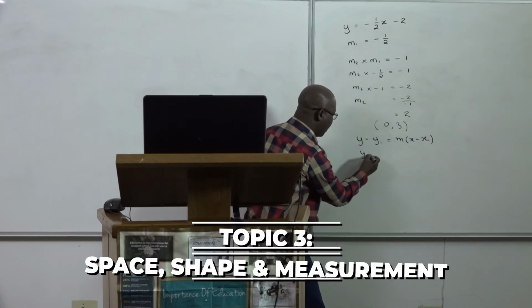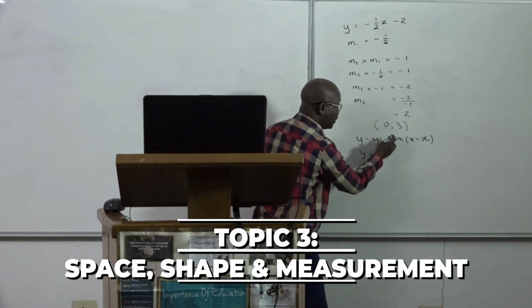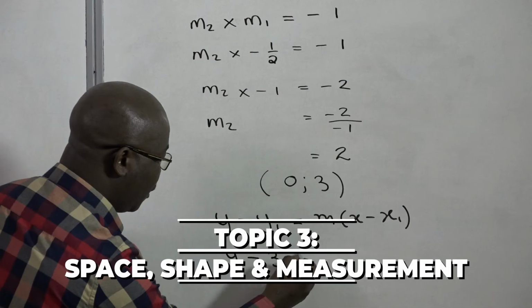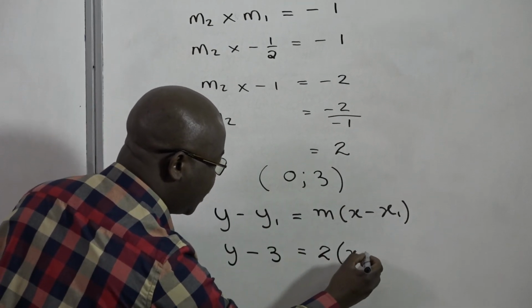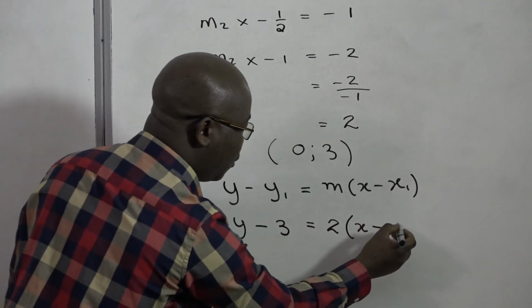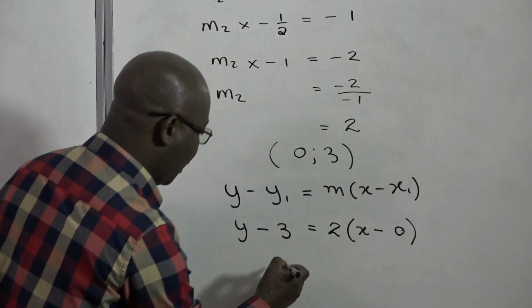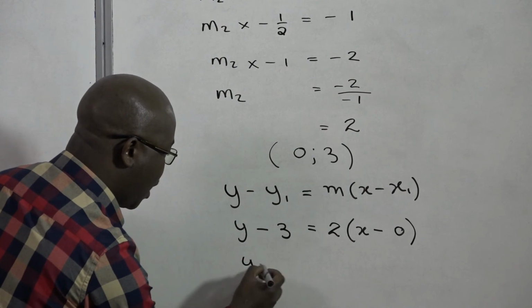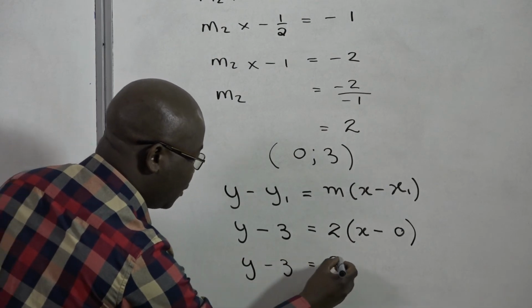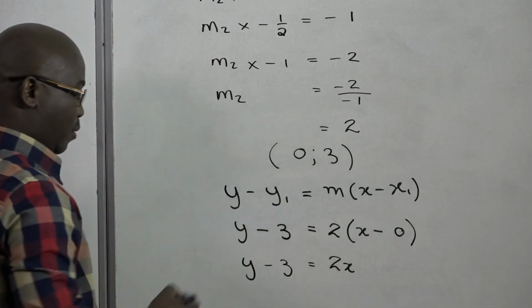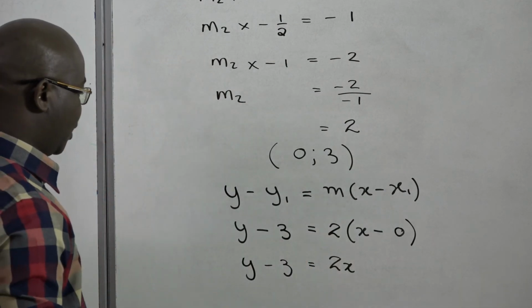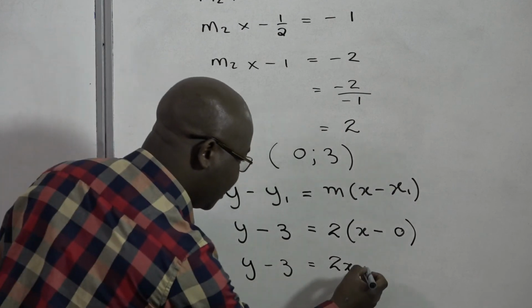This becomes y minus our y1, which is 3, is equal to m, which is 2, in brackets x minus x1, which is 0. And therefore, that becomes y minus 3 is equal to 2x, and then minus 2 times 0, which becomes 0. We don't necessarily need to write it, but we can write it, it doesn't matter.